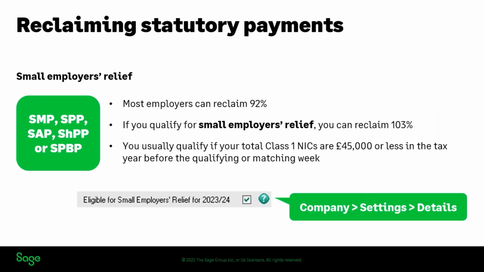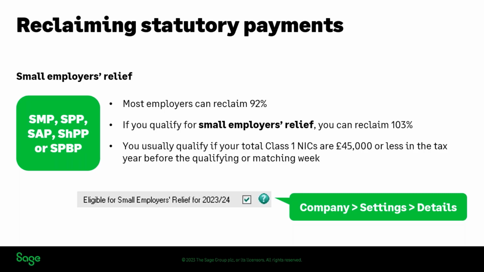So before we go into the demo, it's worth mentioning at this point that all statutory parental payments, including maternity pay, can be reclaimed by the employer from HMRC. Most employers will reclaim 92% of the statutory payment that they pay out. However, if you qualify for small employers relief, you get 100% of the statutory payment and a further 3% of NI compensation.